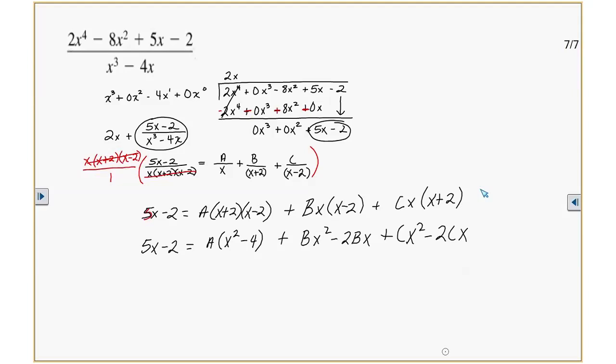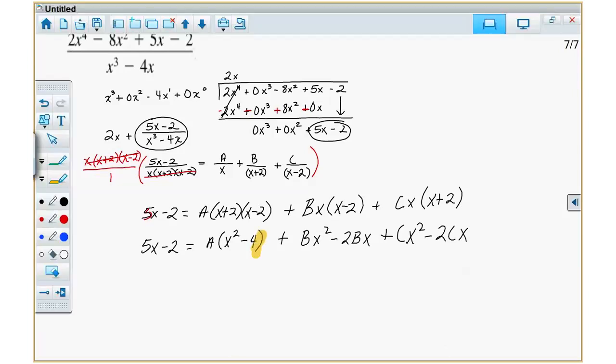I'm going to change this to ax squared minus 4. So that's going to be 5x minus 2 is equal to ax squared minus 4a plus bx squared minus 2bx plus cx squared minus 2cx.